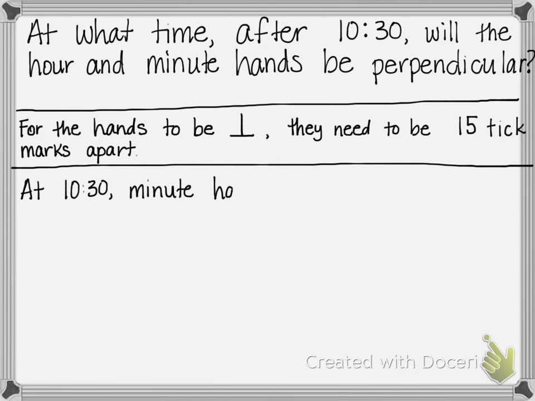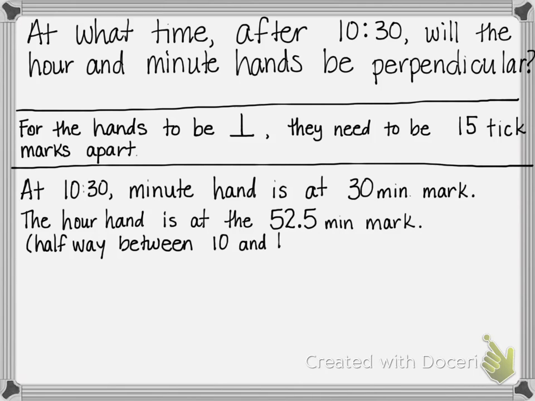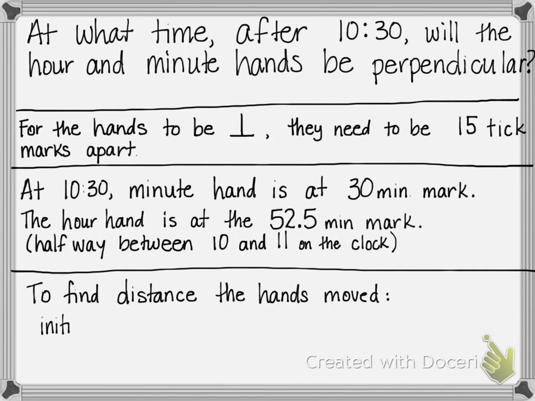And at 10:30, the minute hand is at the 30-minute mark, while the hour hand is at the 52.5-minute mark, meaning that hour hand is halfway between the number 10 and the number 11 on the clock. So, to find the distance that any particular hand moves, we take the initial minute mark.